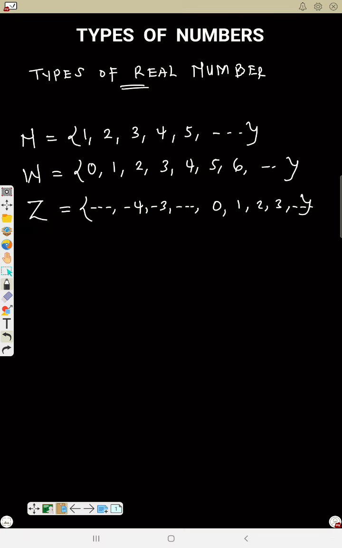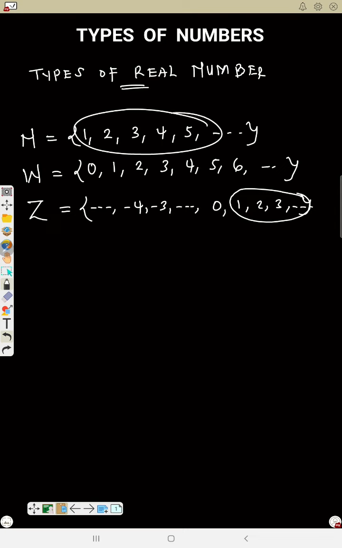The set of natural numbers is included in the set of integers. So that is what I want to pass. The set of positive integers and the set of natural numbers: if you look at the numbers, you see they are the same. That means I can say the set of natural numbers, all these numbers, is included in the set of integers.